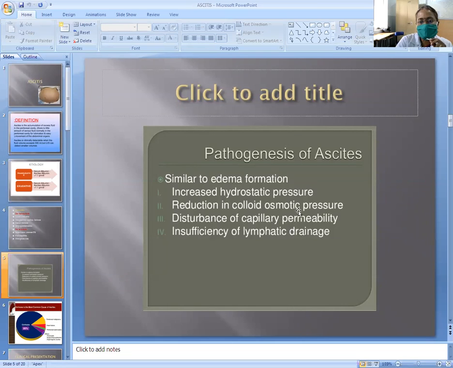Second is reduced oncotic pressure or colloid osmotic pressure, which is mainly because of proteins, mainly albumin. Third, disturbances in capillary permeability, or damage to the capillary wall, which causes fluid to come out from the vessels into interstitial spaces. And fourth, insufficiency of lymphatic drainage or obstruction to the lymphatic drainage. So these are the four main mechanisms behind excess accumulation of fluid.